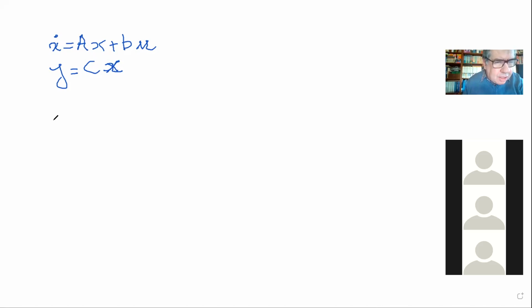I could have solved it, but maybe if I work with a Laplace transform, maybe it's simpler. So you want to get Y of s divided by U of s.